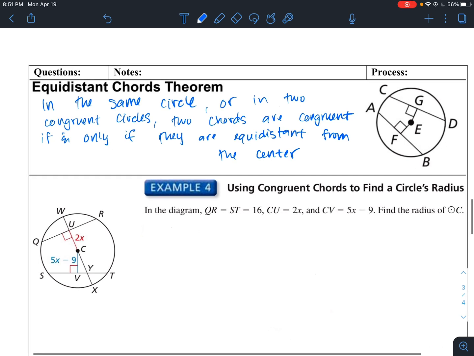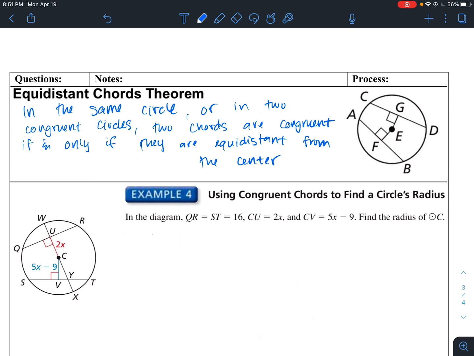Okay, so in the same circle or in two congruent circles, two chords are congruent. So this will be congruent with this chord if they are the same distance from the center.